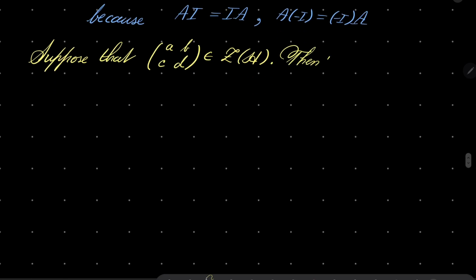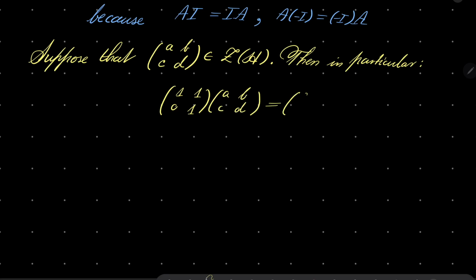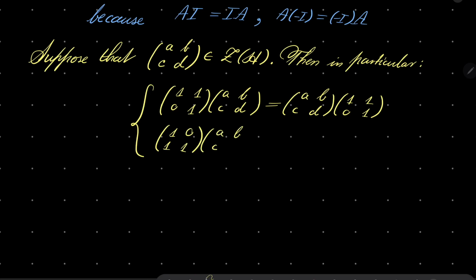In particular, if we take the upper triangular matrix and multiply it by ABCD, it should be exactly the same as ABCD times 1, 1, 1, 0. Notice also that the determinant of the upper triangular matrix is 1, so this matrix is in our group H. And also it should be the case that if I take the lower triangular matrix, it should also commute with my matrix ABCD.